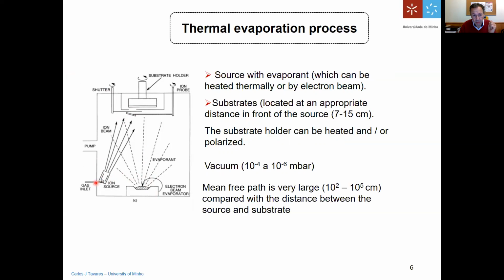But if you want an inert gas in order to provide a uniform thickness, an inert gas like argon or krypton will collide with the evaporant flux and will homogenize the distribution of impinging atoms and molecules on the substrate, and you will have a more uniform thickness growth of your film, okay?